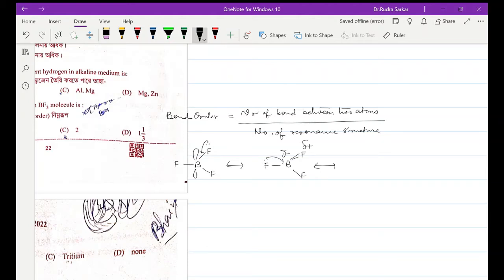If you donate this one, then if you donate that one, then what will happen?